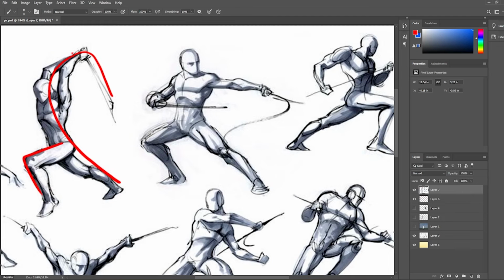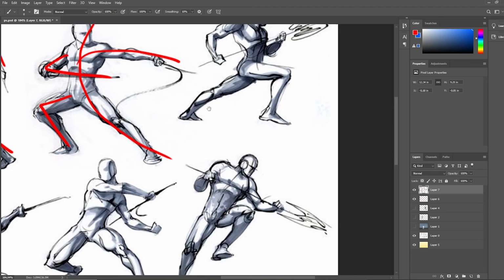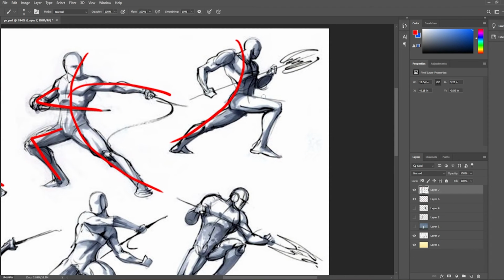You can see this line of action. If it's pointing down, it's this kind of line of action. So you must include the weapon itself. Even the arm contributes to the line of action. I drew it in blue color.